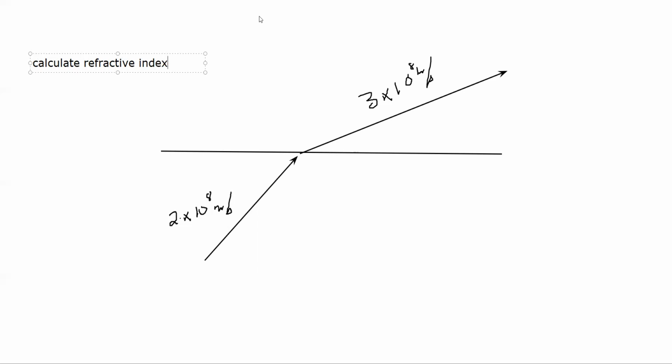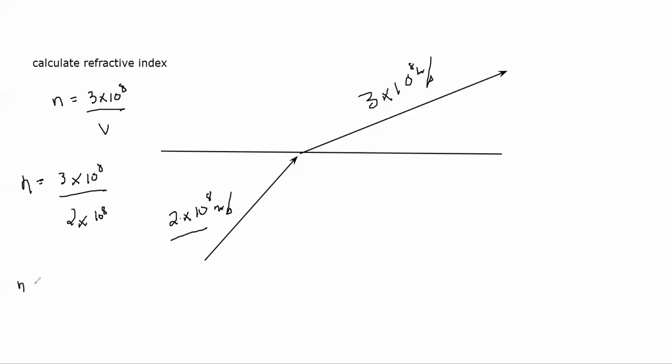The formula for refractive index is 3 exponent 8 divided by speed in a medium. The speed in the medium is 2 exponent 8. So refractive index is 3 exponent 8 divided by 2 exponent 8, so you will get 1.5. From speed, you can also calculate the refractive index.